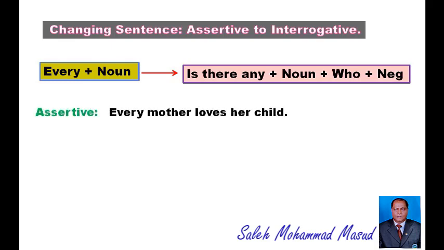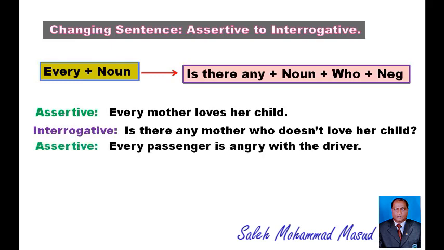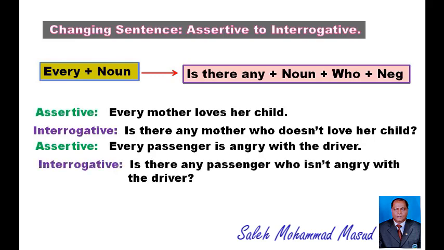Every mother loves her child. Interrogative form: is there any mother who doesn't love her child? Again, every passenger is angry with the driver. Interrogative form: is there any passenger who isn't angry with the driver?